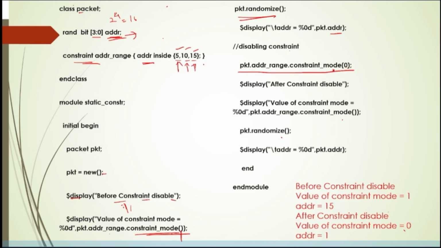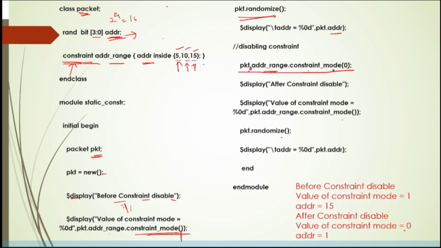You will be giving that particular order. Like if you see within this packet, this packet is having the handle packet dot. Within the packet you want to disable this particular constraint. So what is the name of that particular constraint? You have to give packet dot constraint name dot, and you want to make that constraint mode 0.